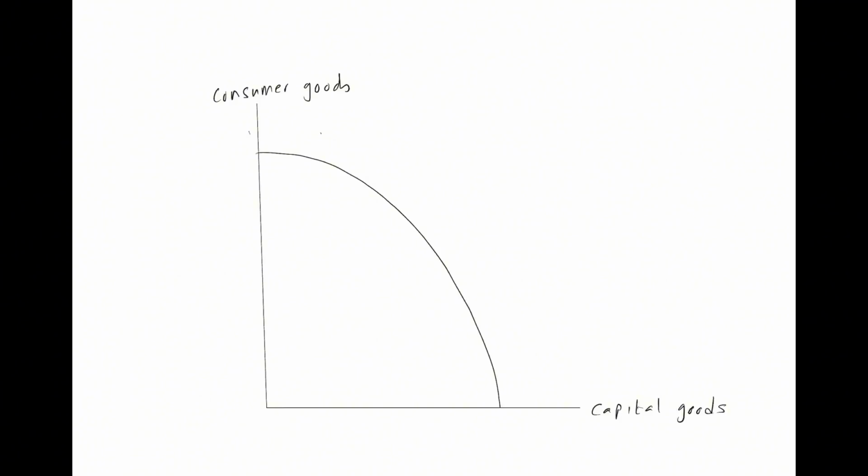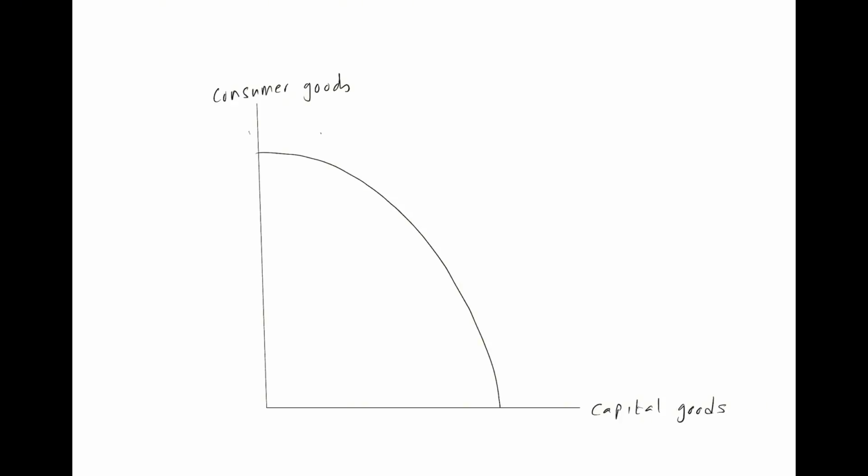In this video, we are going to be looking at the causes of both economic growth and economic decline in the long run. Okay, so let's look at the causes of long-run economic growth and long-run economic decline.